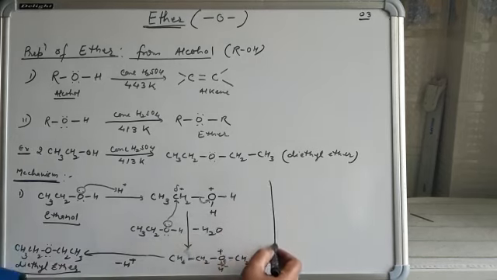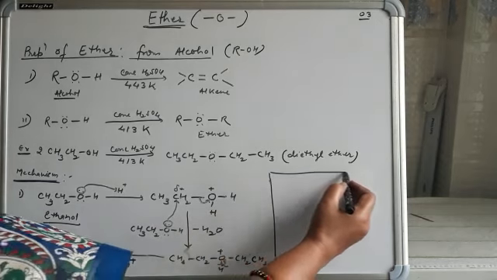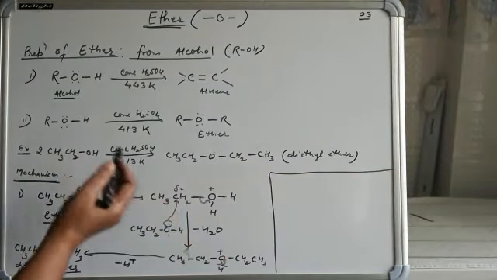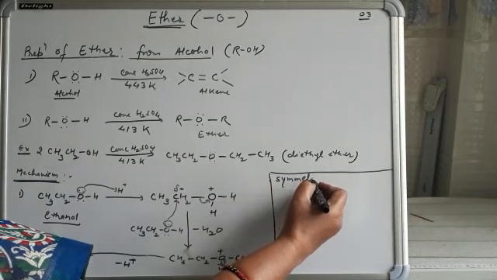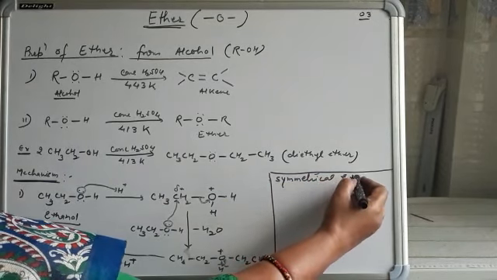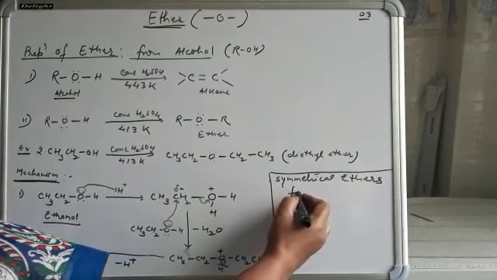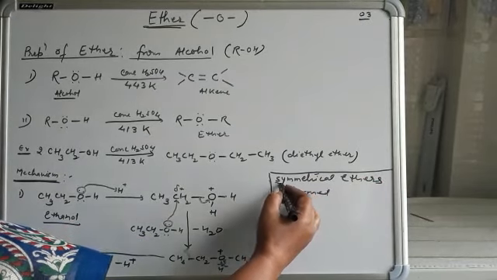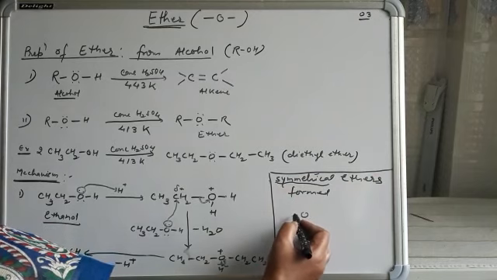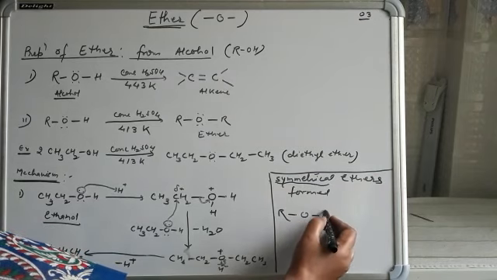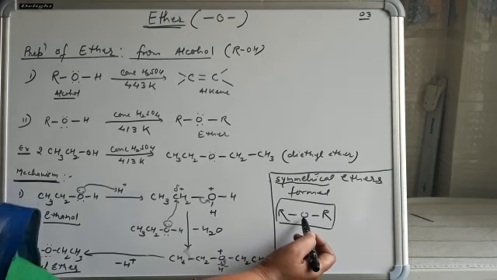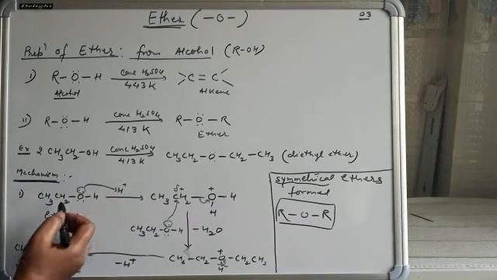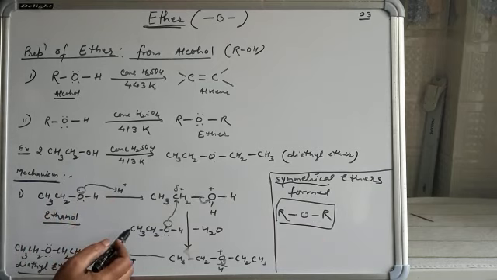But there is a limitation to forming ether from alcohol. By this method, only symmetrical ethers form. Symmetrical ethers means both sides have the same type of alkyl group. If we want to form an unsymmetrical ether from alcohol, we take two different alcohols.